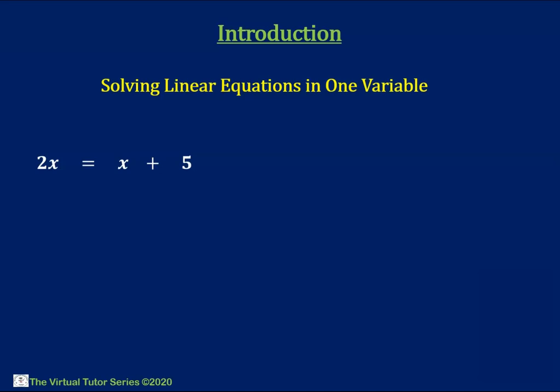The part that comes before the equal sign is called the left-hand side, or LHS for short. In this example, 2x is the left-hand side, and the part that comes after the equal sign is called the right-hand side, or RHS for short. In this case, x + 5.